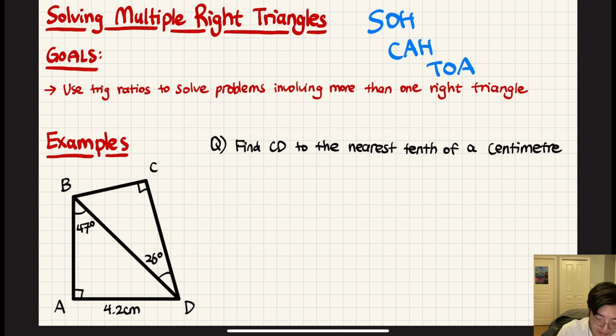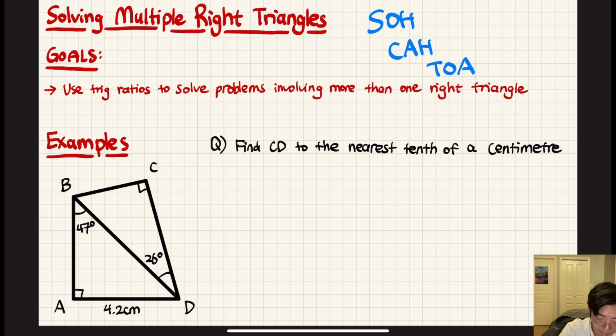In this case, we're trying to find this line right here, so we look at the first triangle. In this first triangle, this line is the hypotenuse, the longest diagonal line of the triangle. And we're also given this angle, the 47 degrees. To find this BD line, we will use sine.